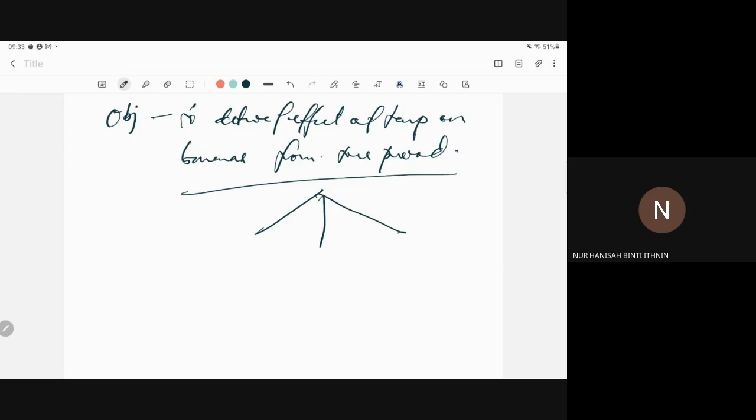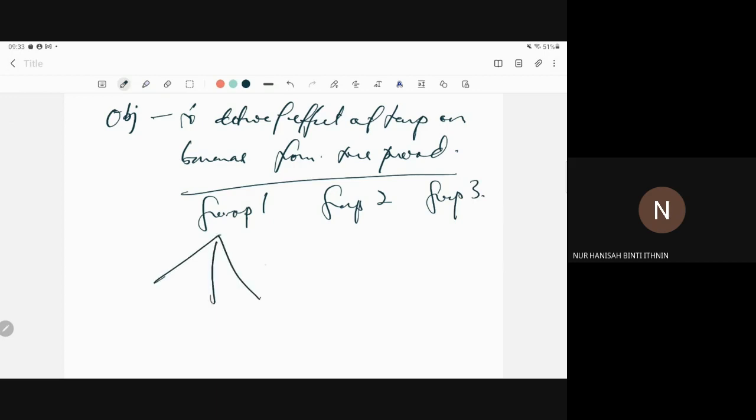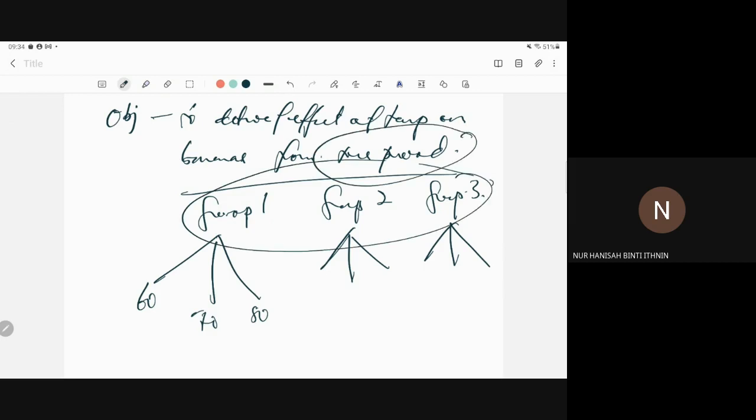Okay, then you can buy 3 groups of banana. Then you have group 1, and then you have group 2, and then you have group 3. And then you do this 60, 70, 80. Okay, so this will be a representation of the banana from that particular time period.